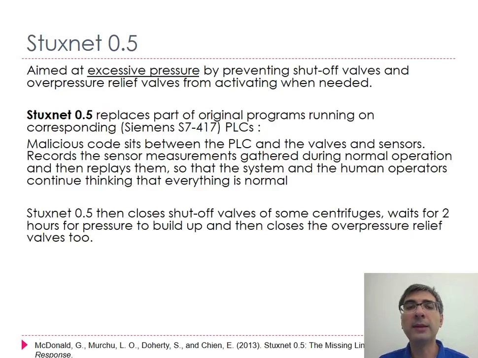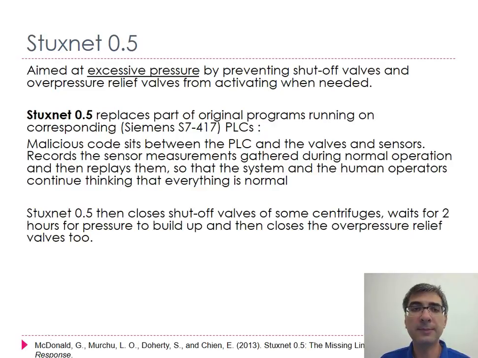So when the malware affected, for example, the shut-off valves, it would show that the sensors were reporting normal values. It would not show the human operator that something was abnormal, preventing them from noticing that something was wrong with the shut-off valves and the centrifuges.